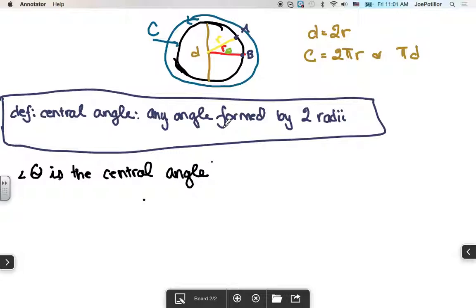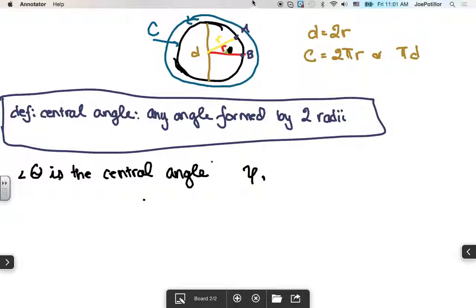So we use Greek letters to name angles in this situation. We'll mostly be using theta. Sometimes we use phi, which looks like a little fancy F. Theta or phi, usually, to name our angles.